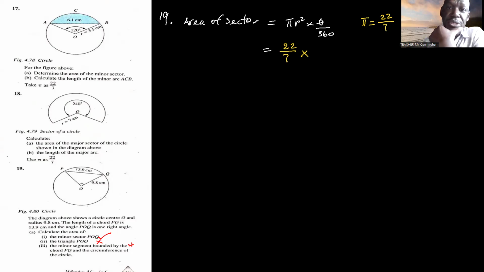Correct, it's 9.8. 9.8 squared multiplied by, what is theta? So 90 degrees. That's correct. It's 90 degrees.